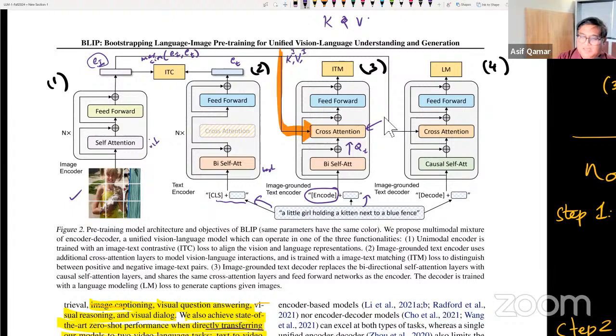So that is it. Now, then it produces its own vector. What is this? ITM. It is the image text matching. Because now this will also produce, ultimately it's an encoder, right? It will produce a hidden state, CLS state, the encode state, vector for the encode.